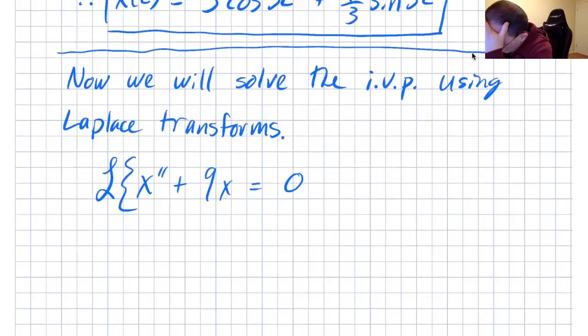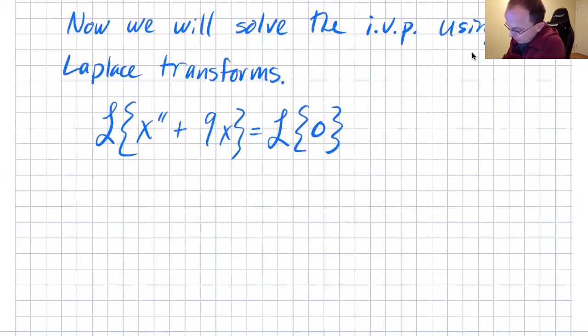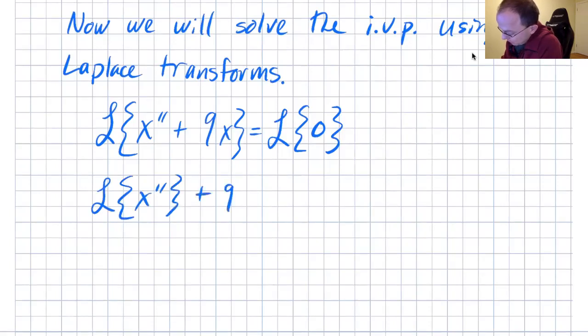So we'll do the Laplace transform of the left side, and we'll do the Laplace transform of the right side. Now, because the Laplace transform is linear, we can distribute the Laplace transform across the sum, and we can factor out any constants. And we know the right-hand side, the Laplace transform of 0 is 0.